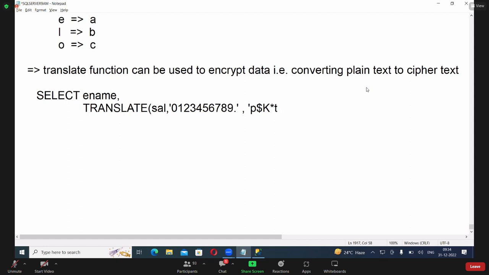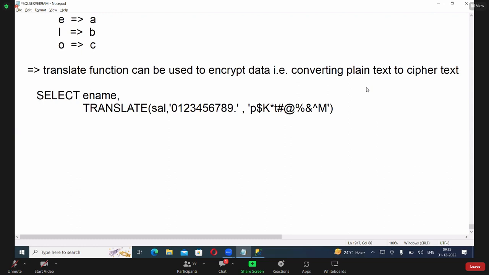Translate 5 to hash. Translate 6 to at the rate. Translate 7 to percentage. Translate 8 to ampersand. Translate 9 to cap. And dot to, suppose, capital M.